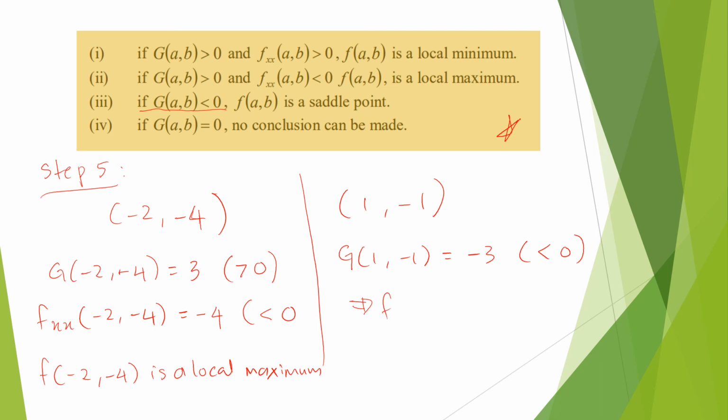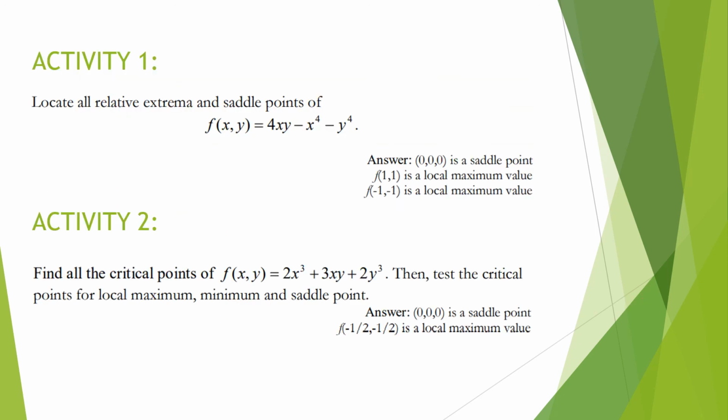So f(1, -1) is a saddle point. Okay, so we finished already. Okay, then proceed with activity 1 and activity 2 at home.